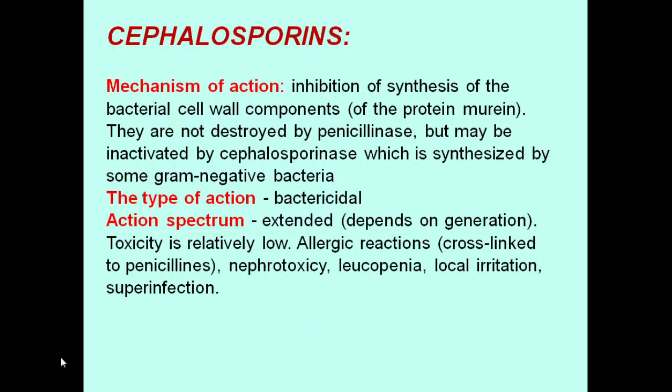Mechanism of action of cephalosporins is associated with inhibition of synthesis of bacterial cell wall components. They are not destroyed by penicillinase, but may be inactivated by other beta-lactamase, which is called cephalosporinase.